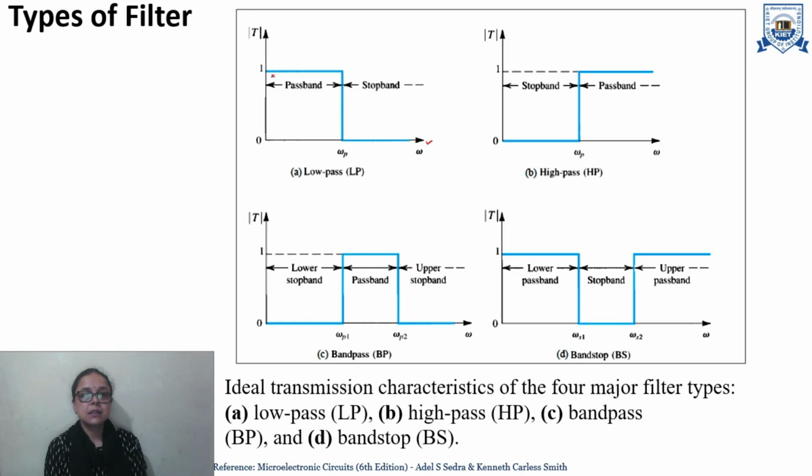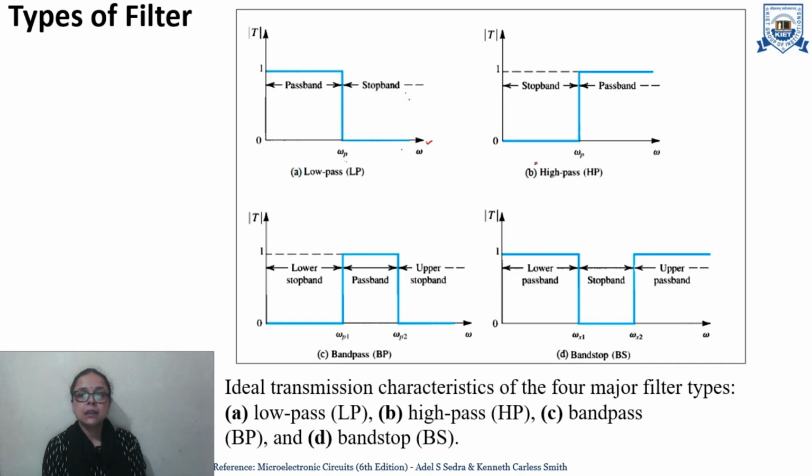Here we can see it has a pass band up to omega p, that is the cutoff frequency of the filter, and this is the stop band. After omega p, it is the stop band. It means the filter will pass the frequencies from 0 to omega p, and after that it will block these frequencies. So this is the ideal characteristic of the low pass filter.